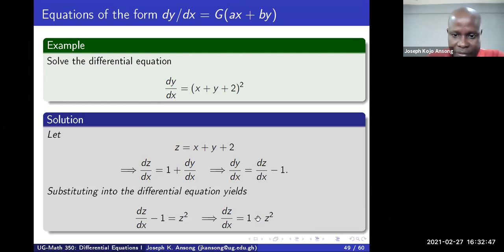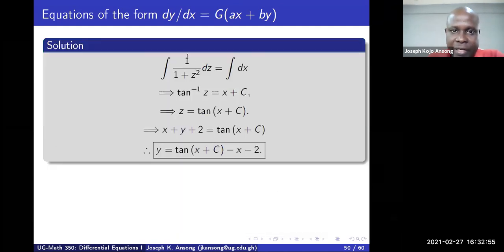Now I can separate variables. I can divide through by this, take the dx to that side, and integrate both sides. So I have the integral of 1 over 1 plus z squared dz is equal to the integral of dx. Here you have to go back to Calculus 2: when you have an integral of 1 over 1 plus z squared, or x squared, you remember that this is tan inverse of z.